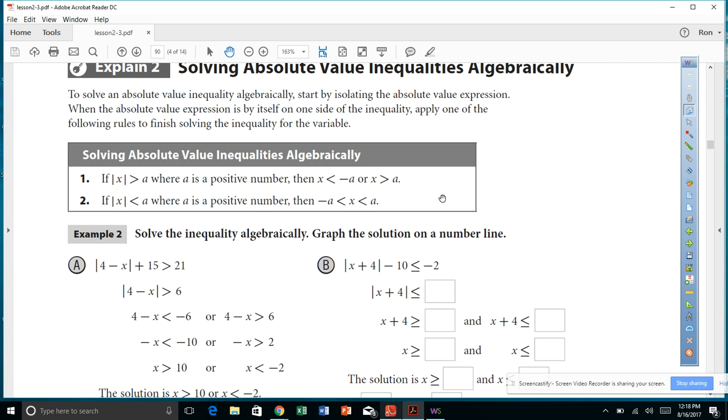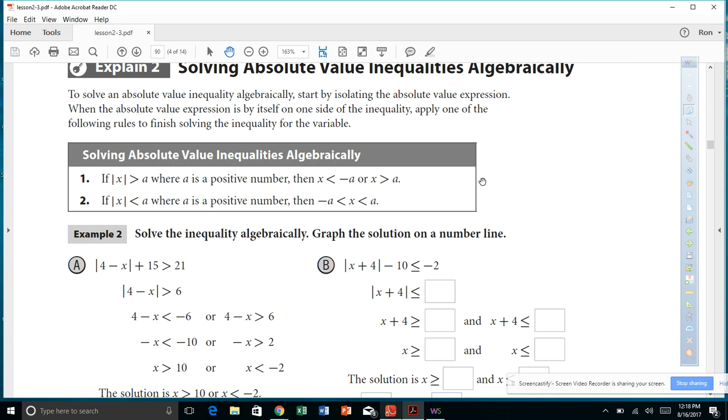Solving absolute value inequalities algebraically. To solve an absolute value inequality algebraically, start by isolating the absolute value expression. When the absolute value expression is by itself on one side of the inequality, apply one of the following rules to finish solving the inequality for the variable.